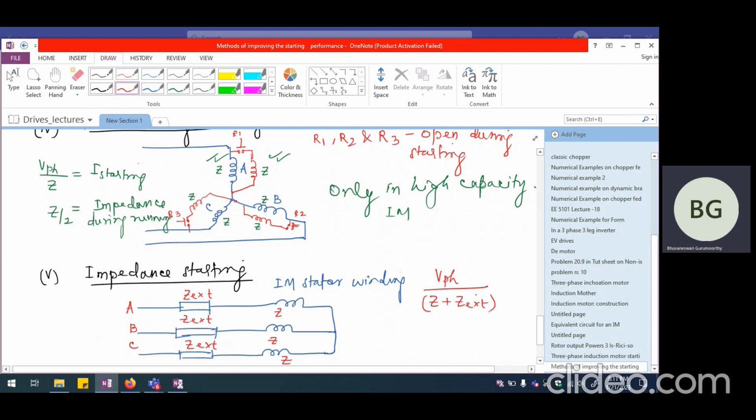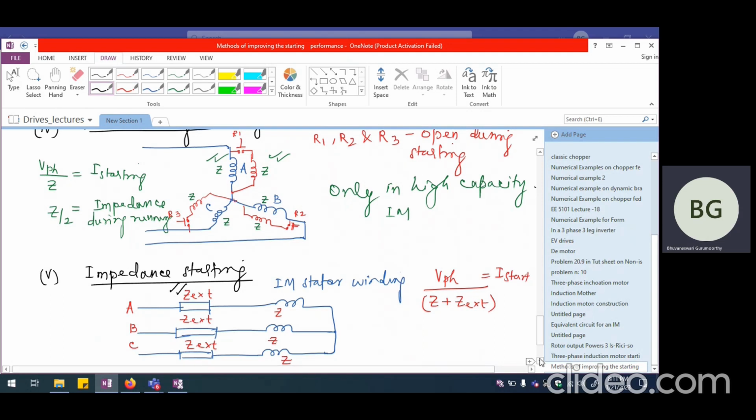This is going to be the starting current drawn by the induction motor. So the starting current is decreased based on how much external impedance has been included per phase in the induction motor circuit.